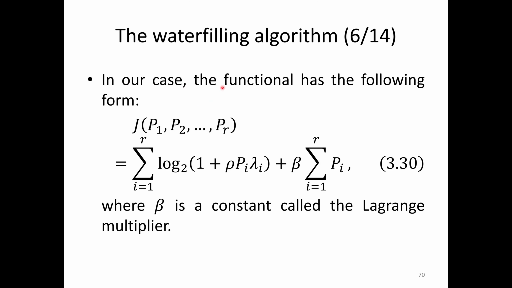In our case, the functional has the following form: J of P1, P2 to PR is equal to the summation i equals 1 to R of log 2 of 1 plus rho Pi lambda i, plus beta times the summation i equals 1 to R of Pi, where beta is a constant called the Lagrange multiplier.